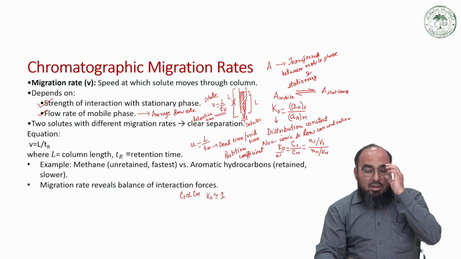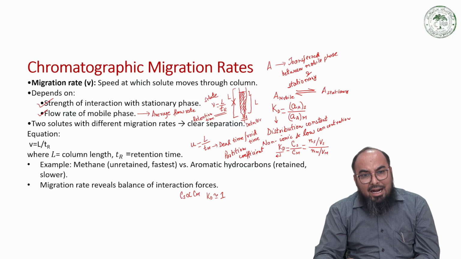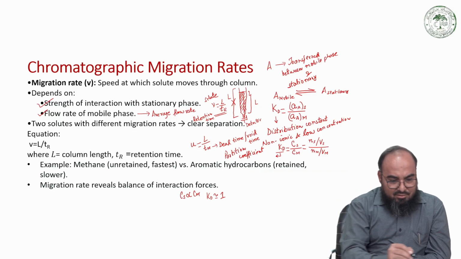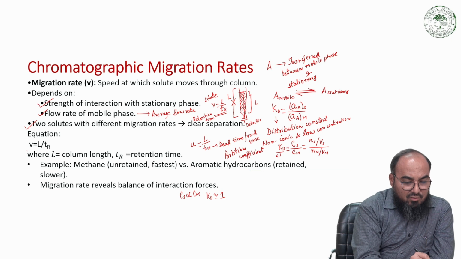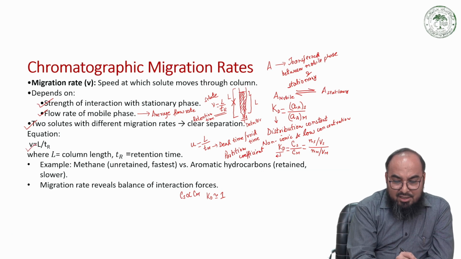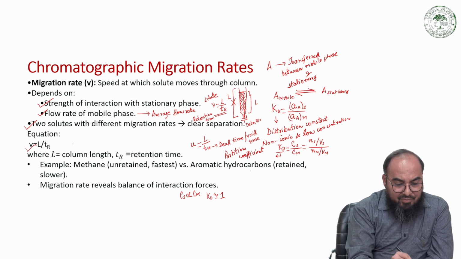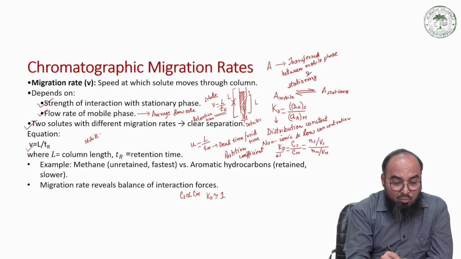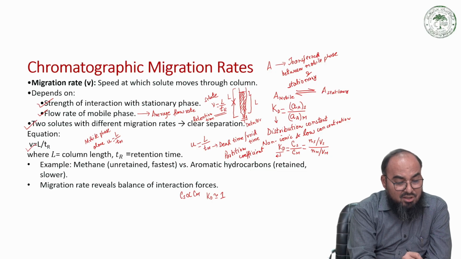So the two solutes are distinguished on the basis of their migration rates, on the basis of their TR, and the equation is V is equal to L upon TR. For example, if you are going to define the average flow rate of the mobile phase alone, it becomes U and it becomes L upon Tm, while for the solute it becomes V equal to L upon TR.